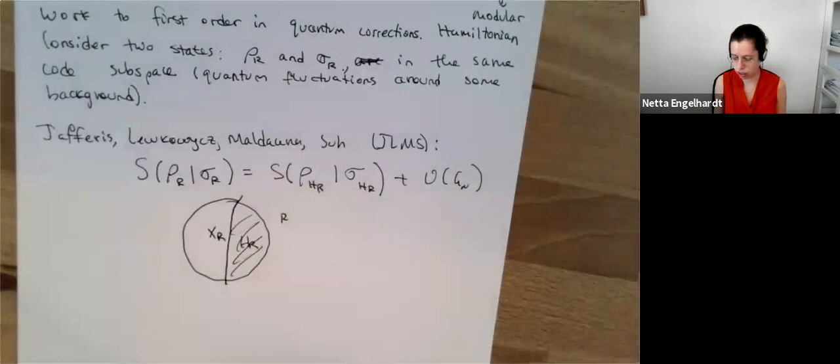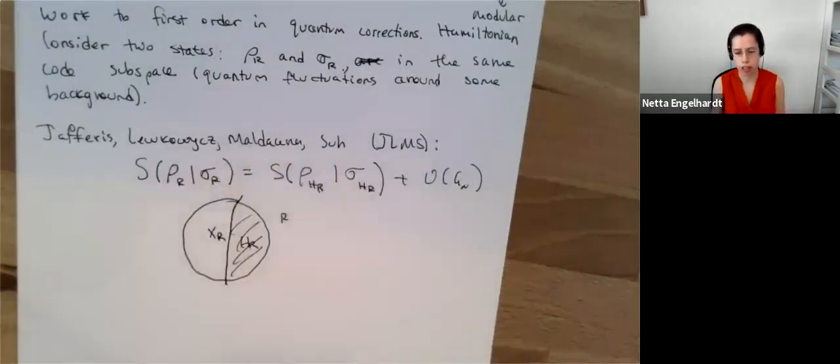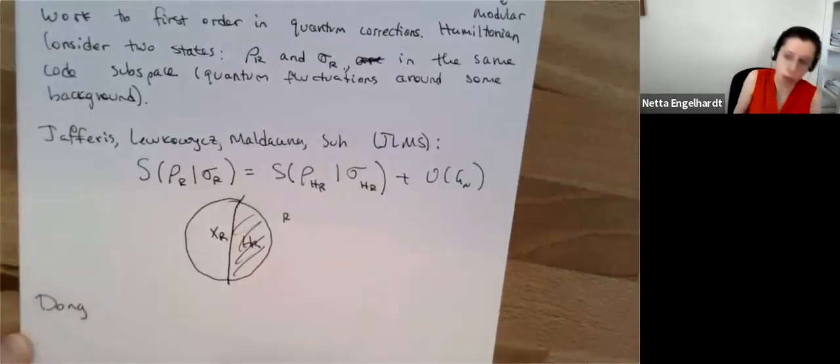And what Dong, Harlow, and Wall argued is that essentially the JLMS relation, this equivalence between the relative entropies, implies that the entanglement wedge is reconstructible in the dual CFT. And I'll say a little bit about how that's done, but I won't go into too many of the technicalities.